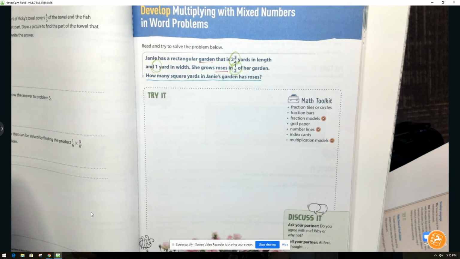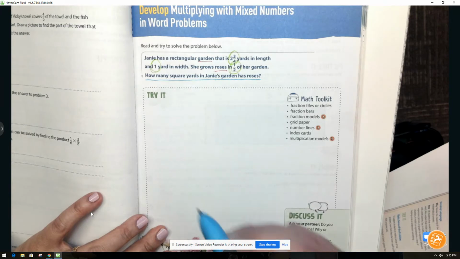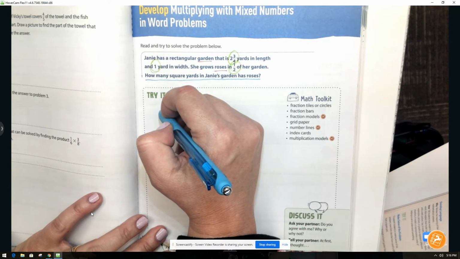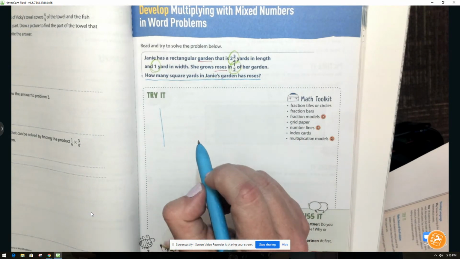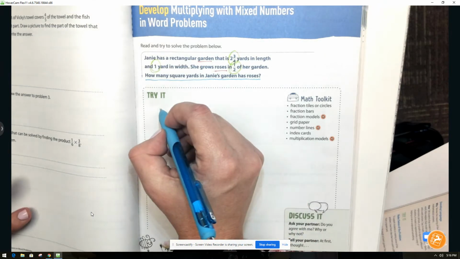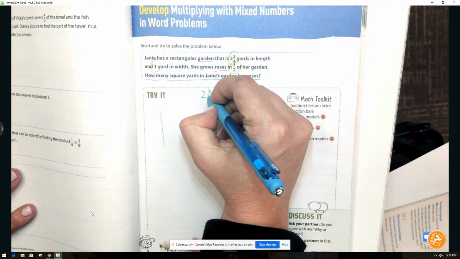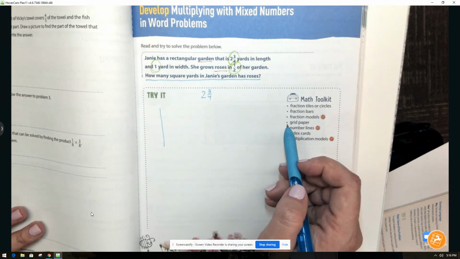So I want to draw a picture of what this kind of looks like just to help us start out. I'm going to use the method that we learned a little while ago, where we change 2 3/4 into unit fractions.